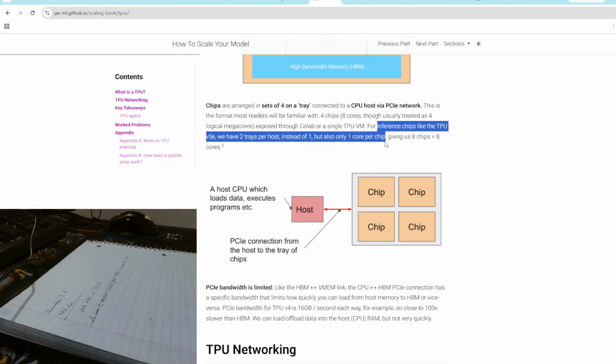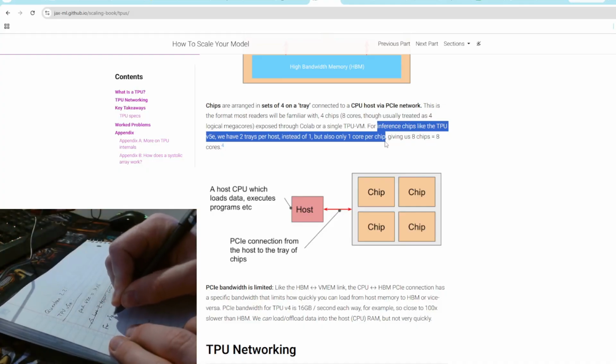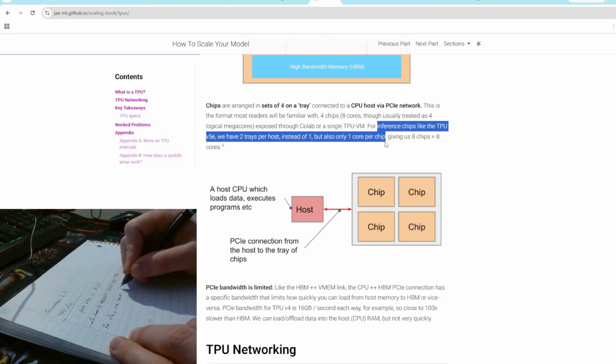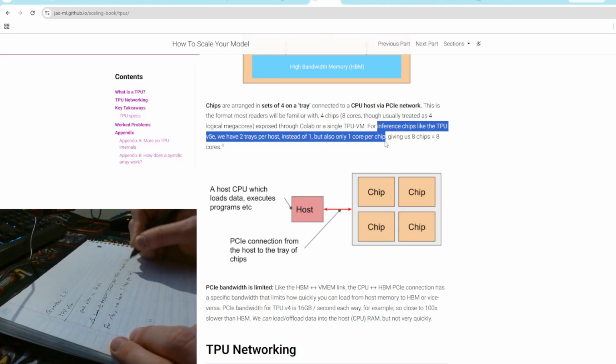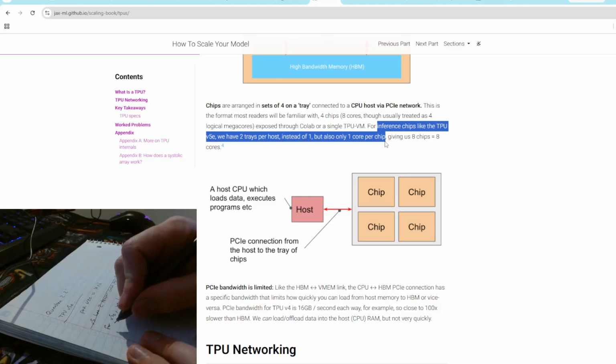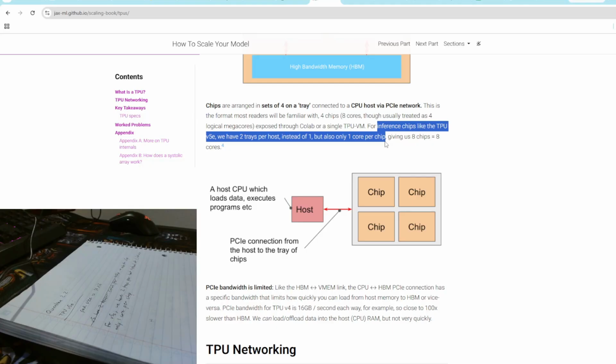I wonder if this is going to balance out, but anyway. For V5E, we have 2 trays per host instead of 1, but also only 1 core per chip. Okay.